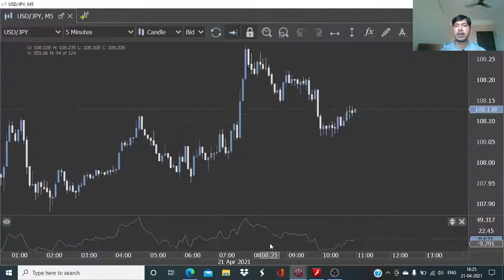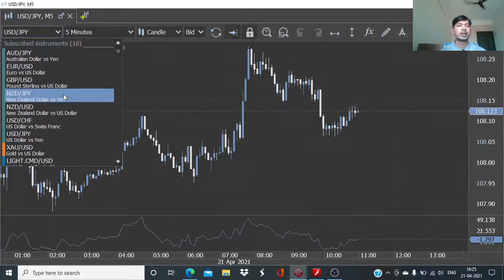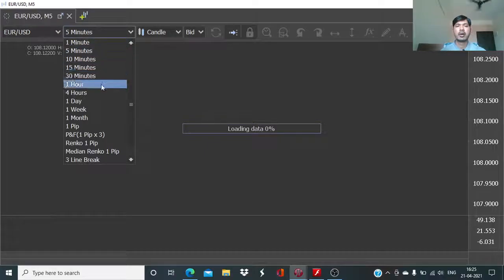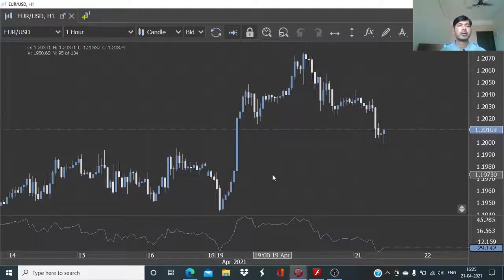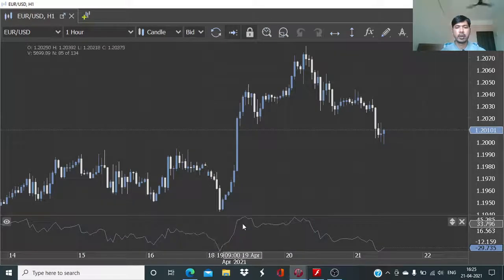I will briefly explain to you the logic behind the buy trade. This is the USD JPY chart. I will change it to Euro USD of the hourly time frame. So here we have this CMO in bottom.